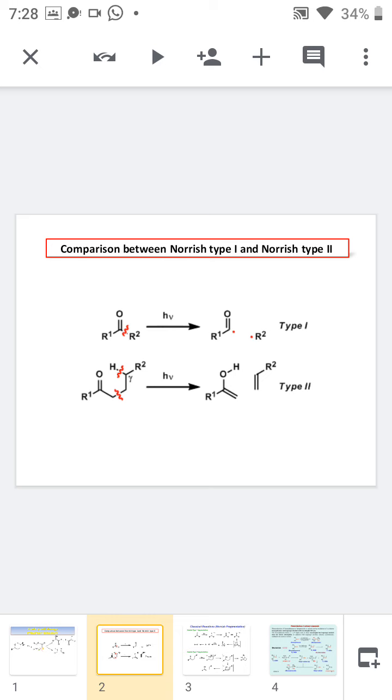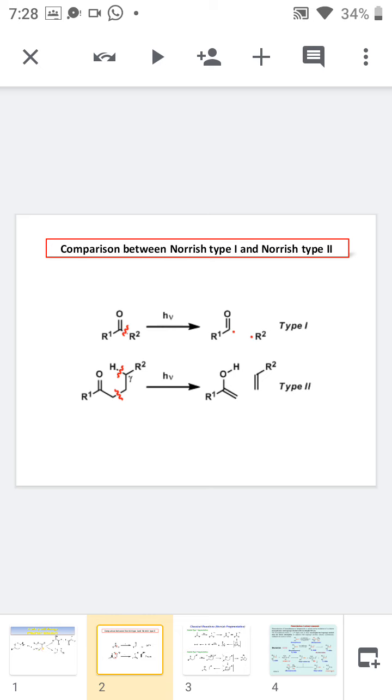Both Norrish type 1 and Norrish type 2 are very important, but the speciality of Norrish type 2 is that there must be a hydrogen in the gamma position, only then can we do Norrish type 2. And if Norrish type 2 is possible, then the first preference is for Norrish type 2.